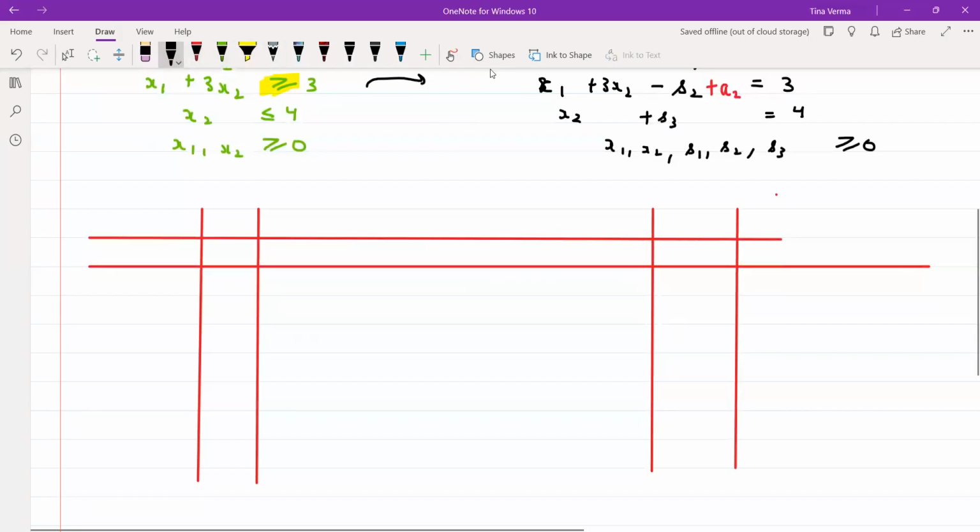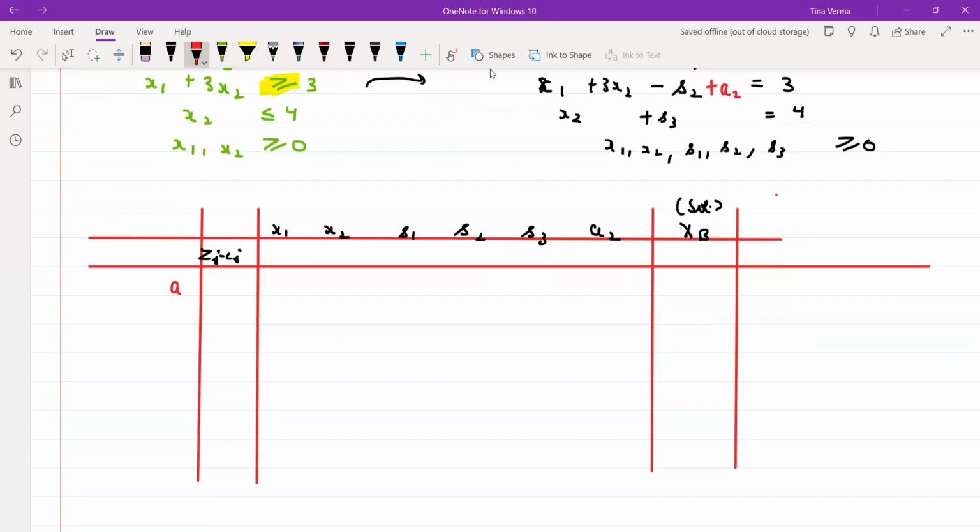So how do I write the columns? This is my x1, x2, s1, s2, s3 and my artificial variable a2, and this is my xp. Some of the books here write solution, that does not affect. So this is my zj minus cj. And here I can write my variables.